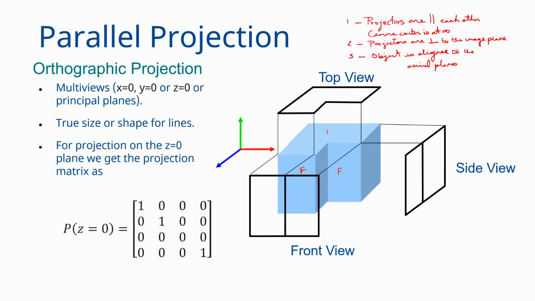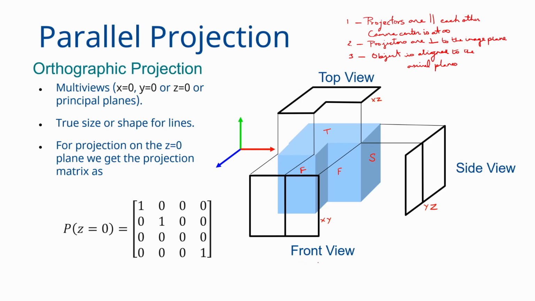The top face of the object is parallel to the XZ plane, and the side face of the object is parallel to the YZ plane. So the object is nicely aligned to the axial planes.